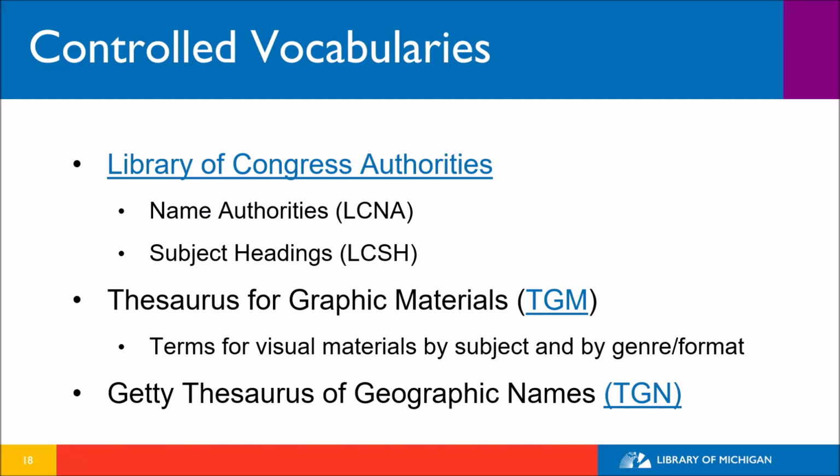Now these listed here are some general purpose vocabularies. The most common of these, especially to us in the library world, is the Library of Congress authorities. They have a free web interface that you can use to find name authorities for your creators or your contributors, and the subject headings to help you describe your digital objects.